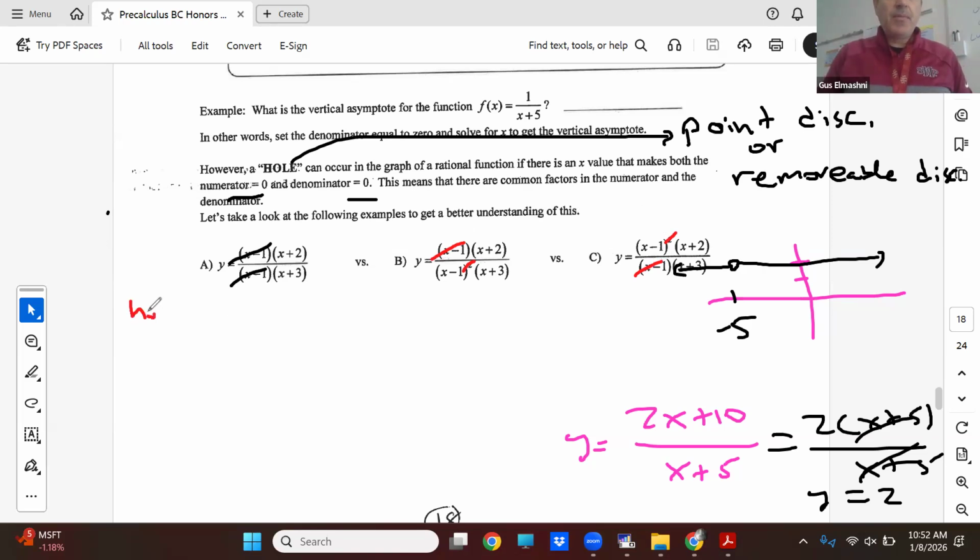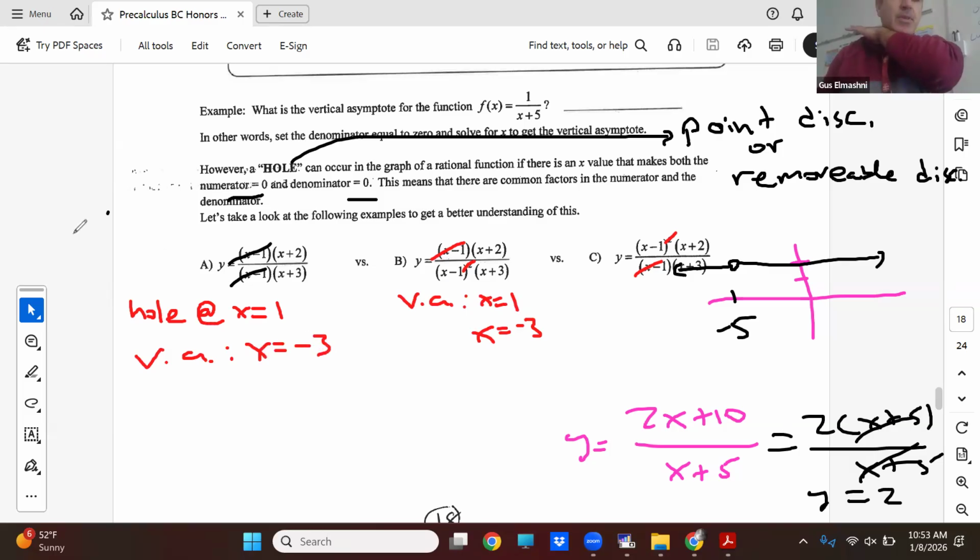There's a hole at x equals 1. But here you have a vertical asymptote. And of course at x equals -3, by the way. What's my vertical asymptote for part A? Still -3, right? Yeah, still -3.